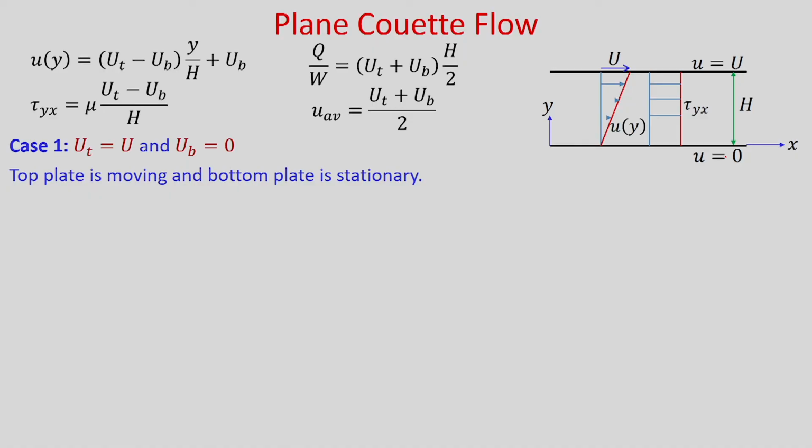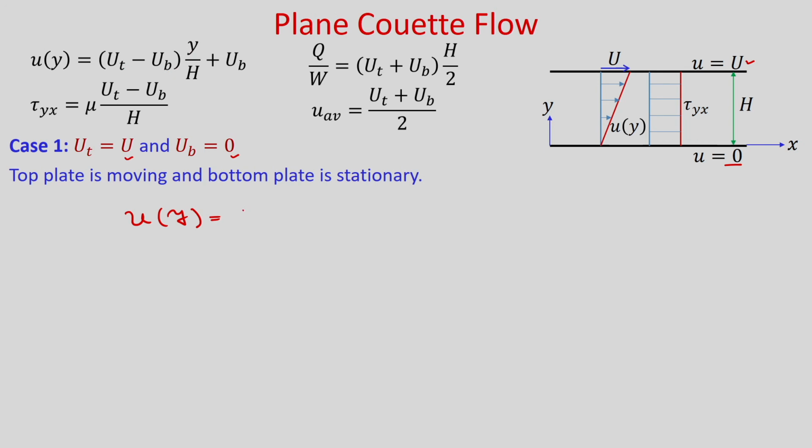So, this is the special case where the bottom plate is stationary, u_b is equal to 0, and the upper plate is moving with a constant velocity U. Whatever expressions we have for velocity distribution, shear stress and volumetric flow rate, let us put u_t equal to U and u_b equal to 0, and then we will get the velocity profile u(y).